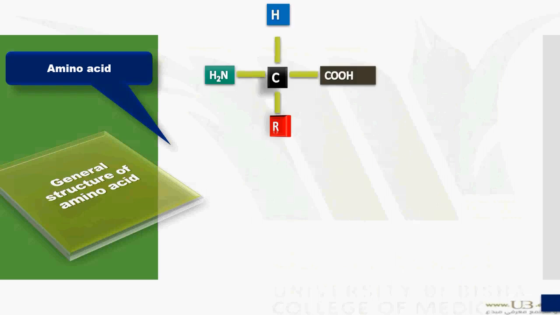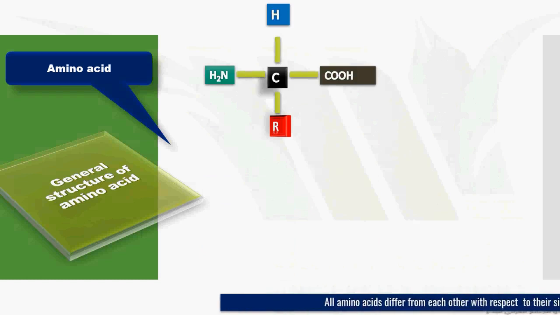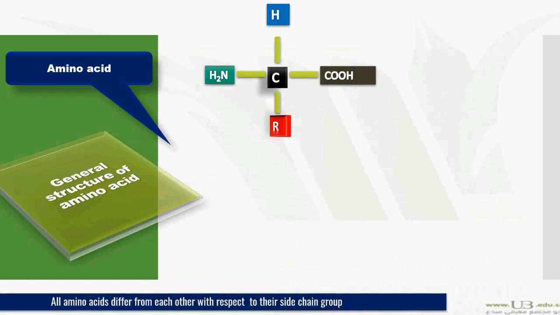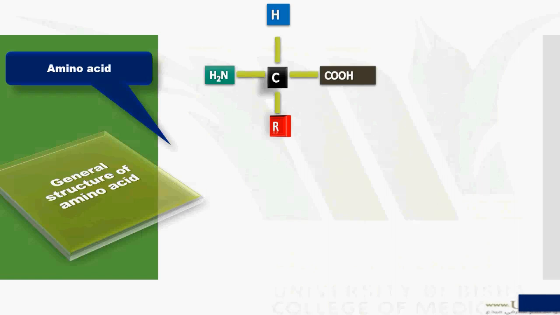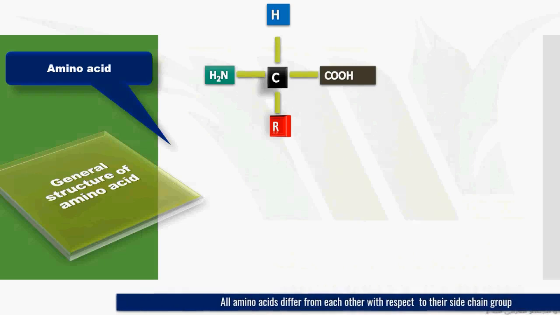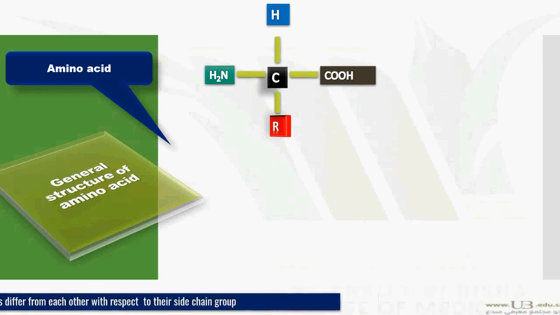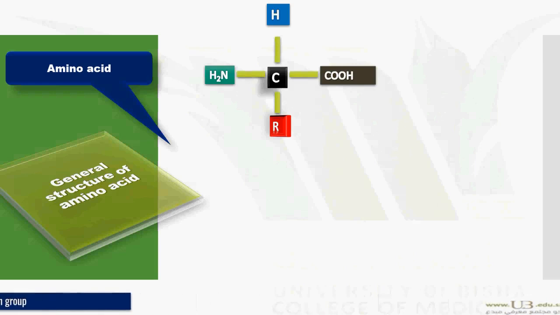So in this animation, this is the general structure of the amino acids, where you have the carboxyl group in the black and the amino group in the green, the H, the hydrogen atom, in the blue box, and the R in the red box, which all together attach to the carbon atom, which is known as the alpha carbon atom. So this is the general structure of the amino acid.